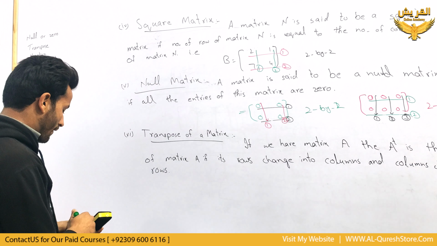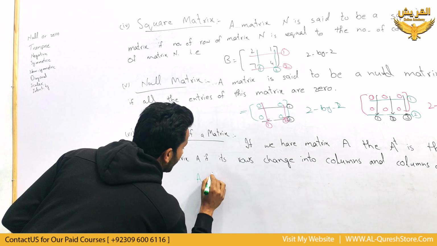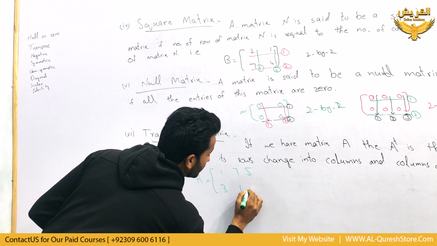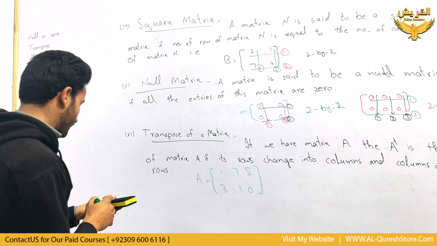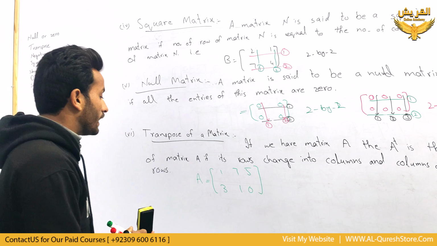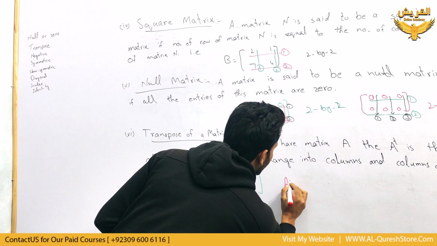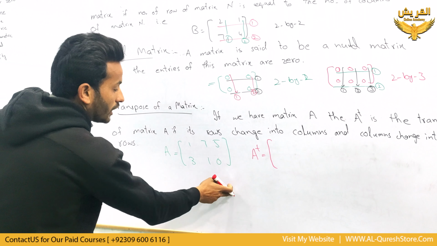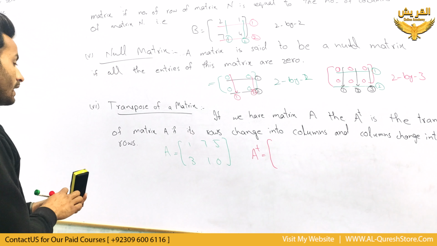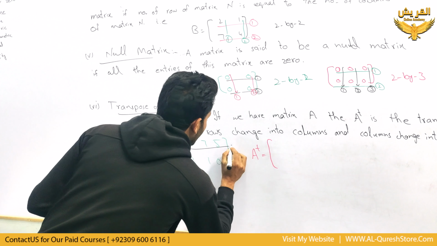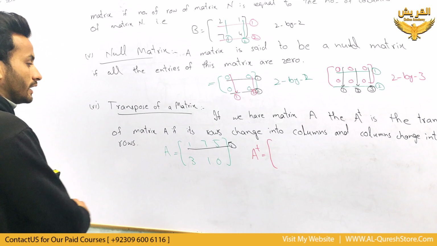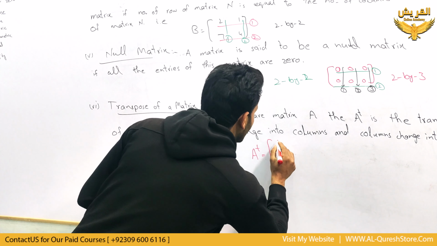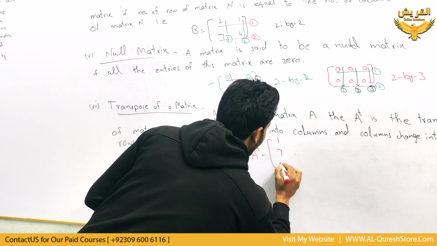For example, we have a matrix A: 1, 7, 5, 3, 1, 0. Then A transpose is equal to change its first row into a column. Like there is a first row, it changes into the column as 1, 7 and 5.